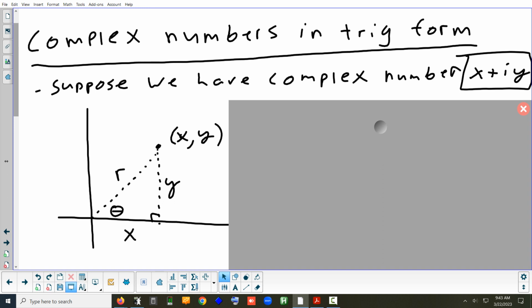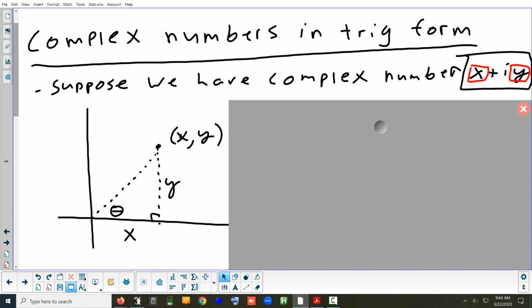Technically, it does not matter if you put the i before it or after it. It's just that for the type of thing we're about to do, i usually comes before it. But that's standard form: real part, imaginary part. To write it in what we call trig form, we have to get rid of this and this.